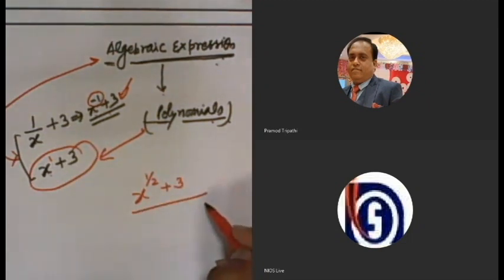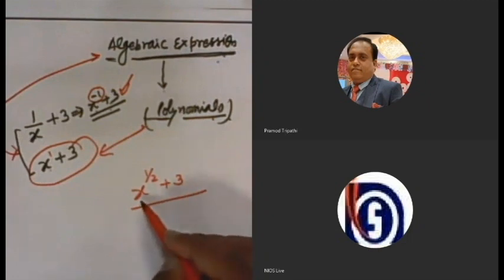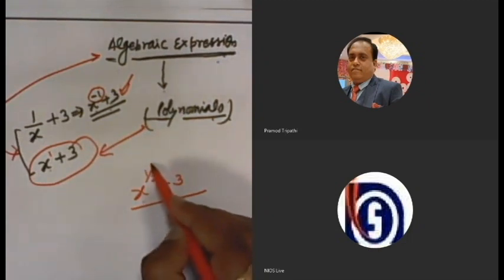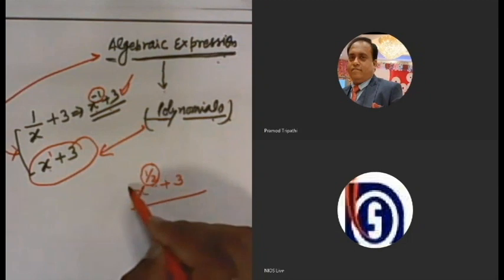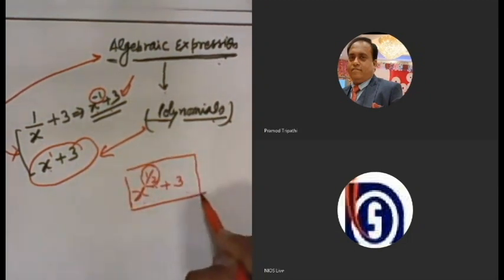Similarly, we take x raised to the power 1 upon 2 plus 3. This is another example. This is an algebraic expression, but it is not a polynomial, because the exponent of the variable is 1 upon 2, that is not a whole number. Hence, this is an algebraic expression, but it is not a polynomial.